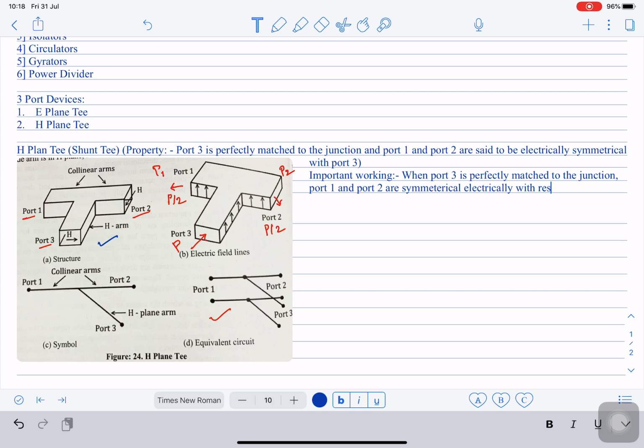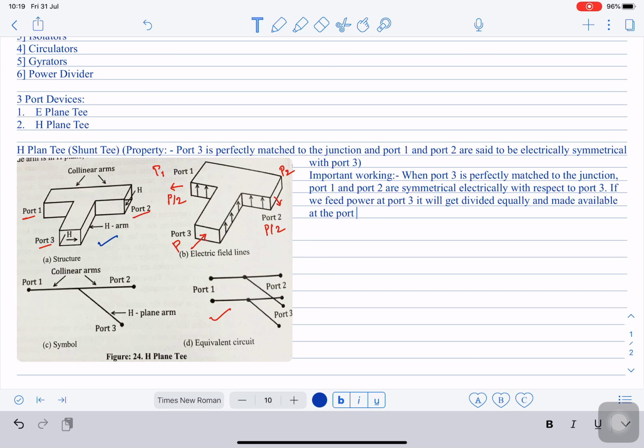So if we feed power at port 3, it will get divided equally and made available at port 1 and port 2. So this is the simple working of the H plane T.